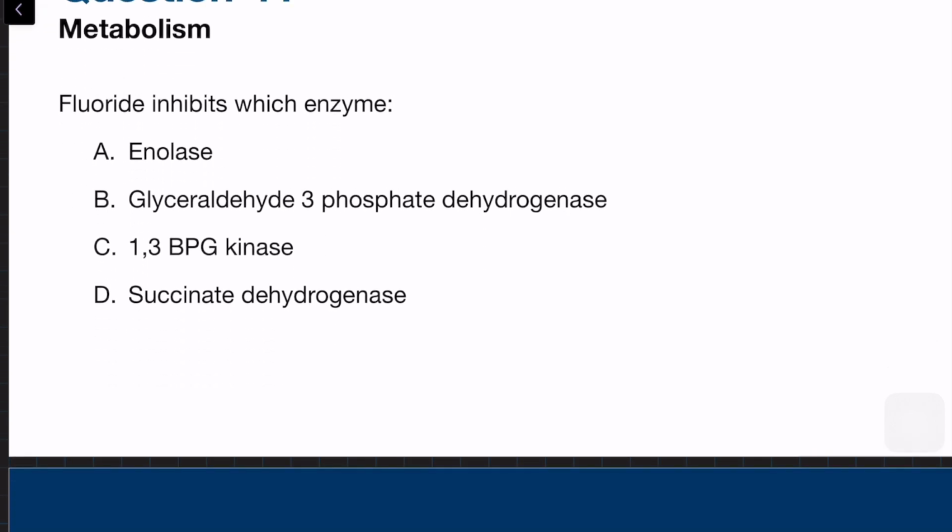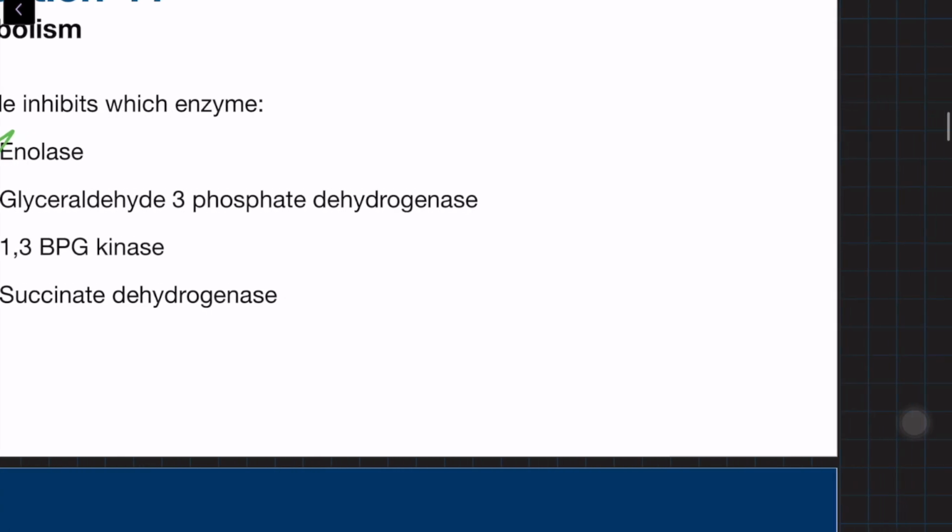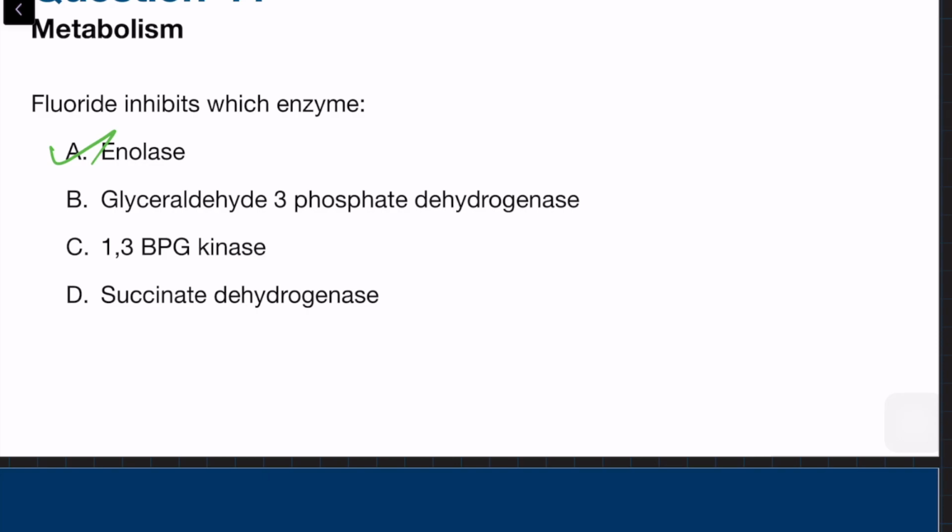Fluoride inhibits which enzyme? Fluoride inhibits enolase. Okay. What about the other substrates described here? What are their inhibitors?